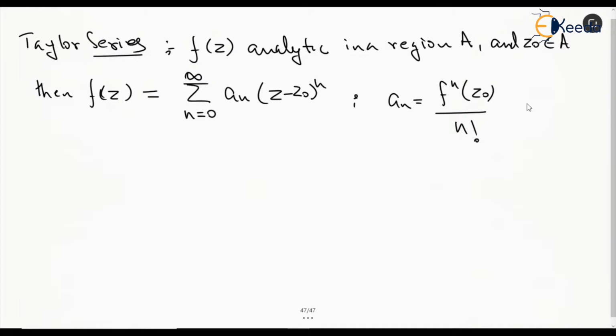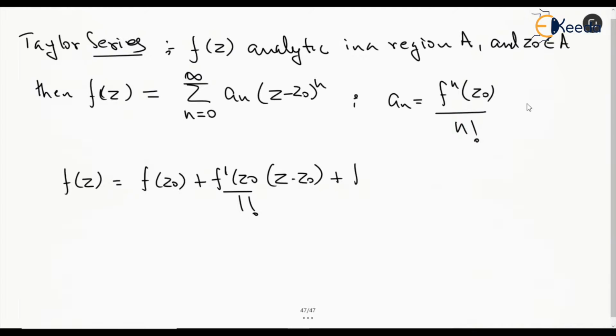In general, we have also seen the regular expression as f of z equal to f of z naught plus f dash of z naught by 1 factorial into (z minus z naught) plus f double dash of z naught by 2 factorial into (z minus z naught) square, and so on.